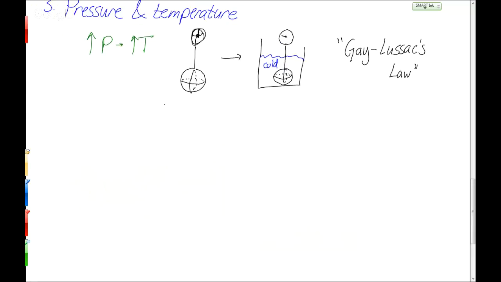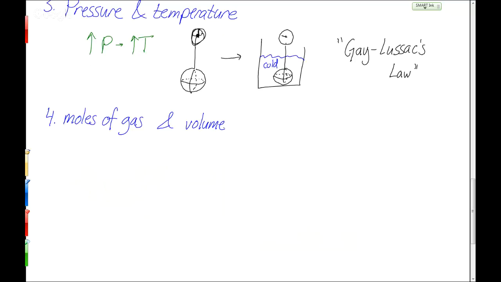Okay, and then finally, this one seems really obvious, but I'll show you an example of how it sometimes isn't. The relationship between moles of gas and volume. Moles is like an amount, right? So if you increase the amount of gas, what happens to the volume?